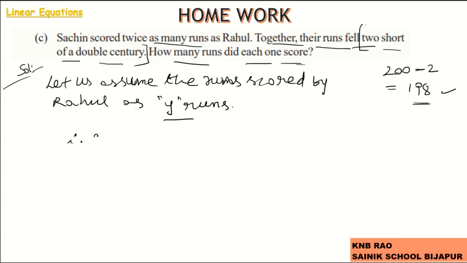Now, therefore, Sachin's score is equals to, since Sachin scored twice as many runs as Rahul, that means 2 into y. So, this is a result of our assumption. Rahul has scored as y runs.